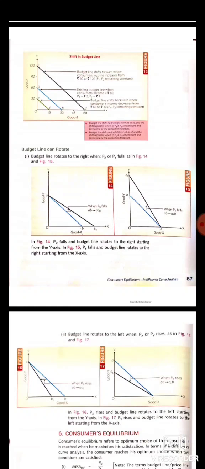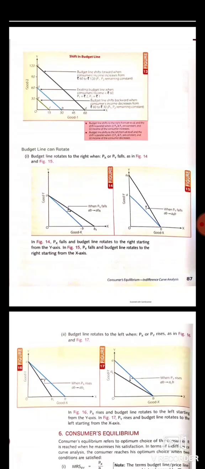Suppose the price of commodity Y is constant, but due to a decrease in the price of commodity X, now the consumer can purchase more units of commodity X with similar income. So the budget line will rotate to the right side or right direction. Now the new budget line will be ABN.